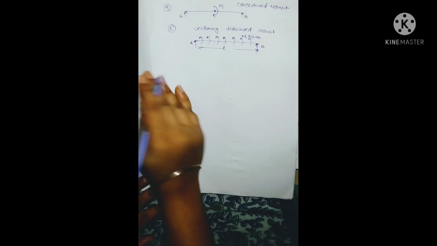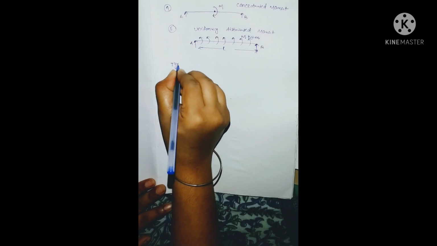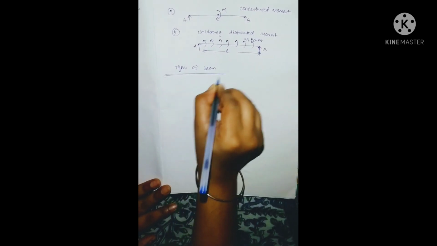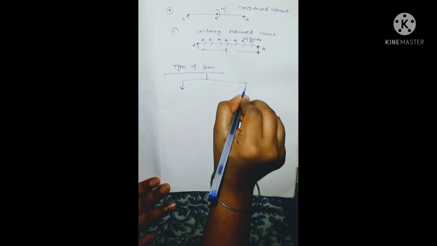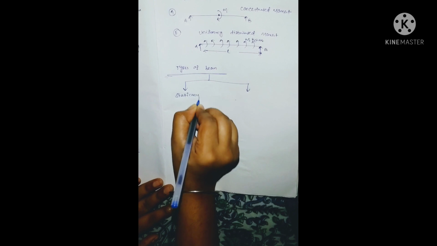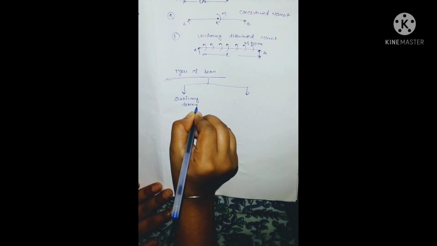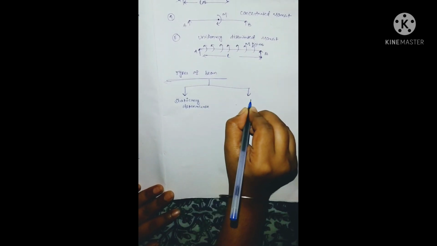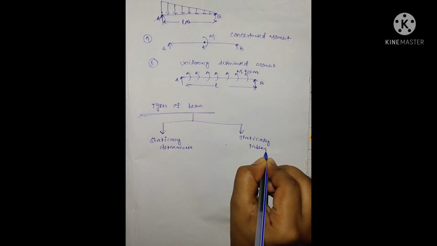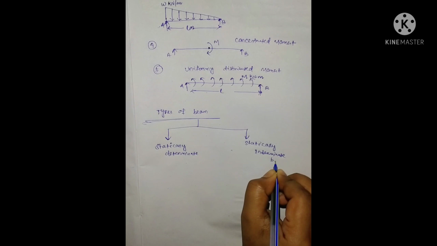Okay, then we move to types of beam. Basically, beams are differentiated into statically determinate and statically indeterminate beams. This is a statically determinate beam. This is a statically indeterminate beam.